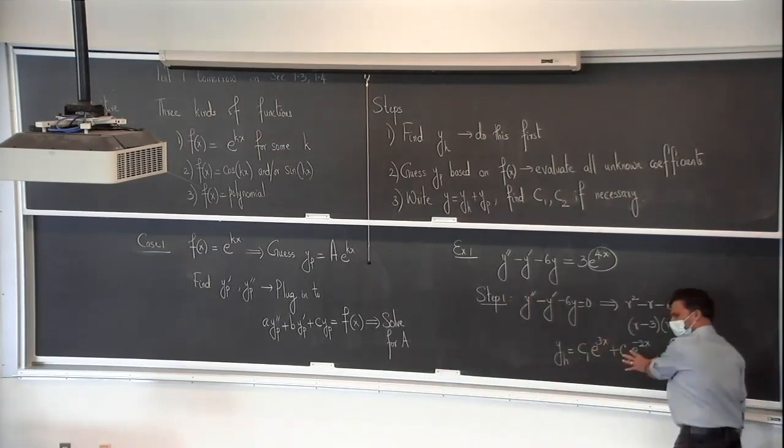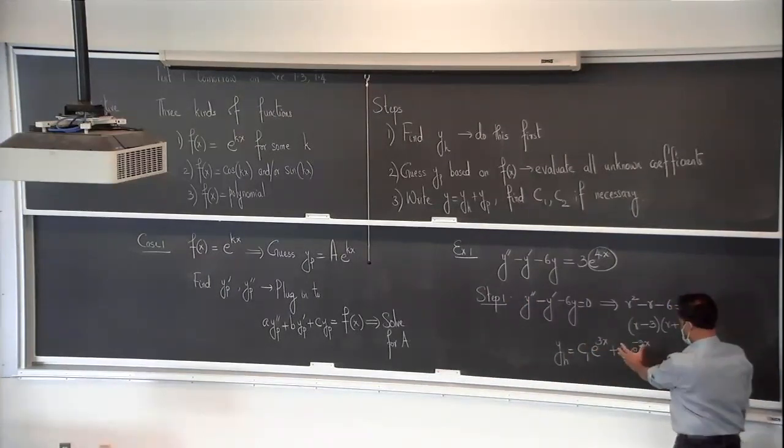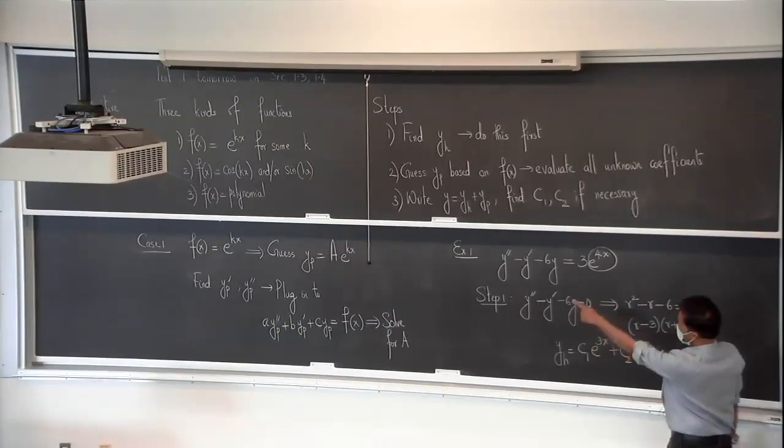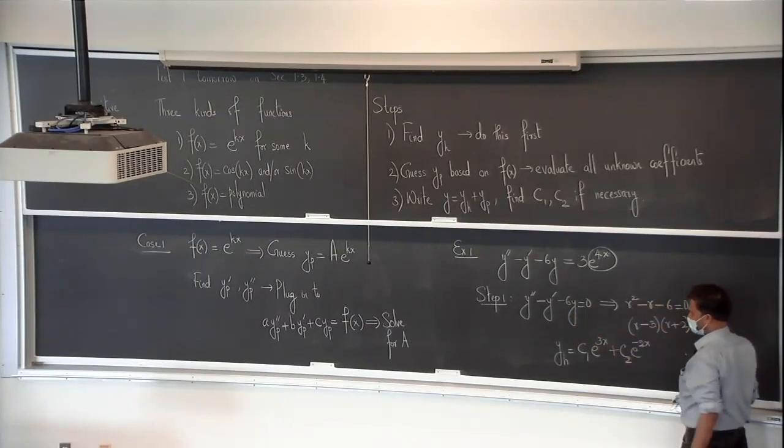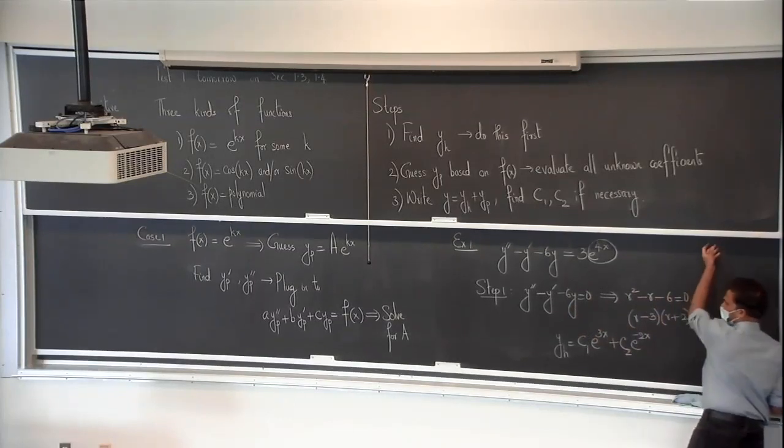So just keep it there, okay? So in this problem, we are just going to add it later to step 3, but in other problems, this is going to be super important when we make our guess function yp. Okay?